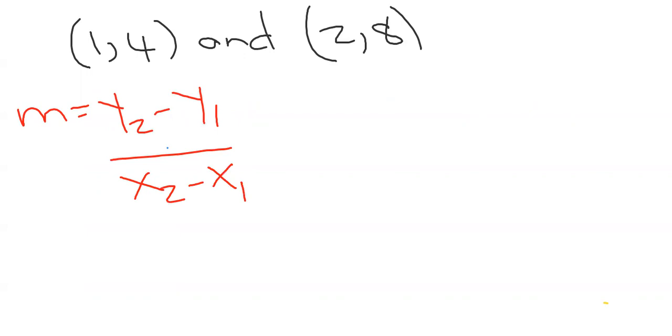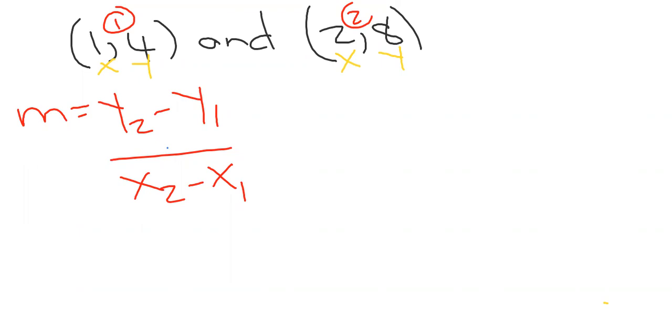To make life easier for you, label these coordinates, coordinates 1, and label these ones, coordinates 2. Every coordinate has an x value and a y value.